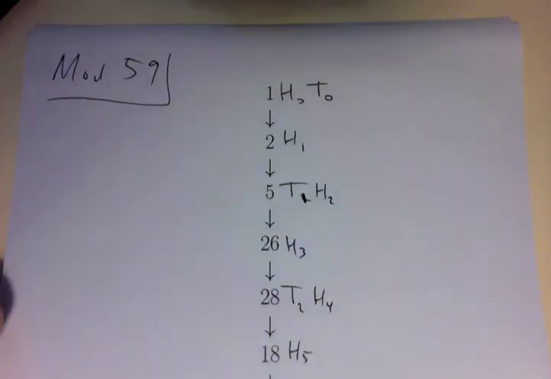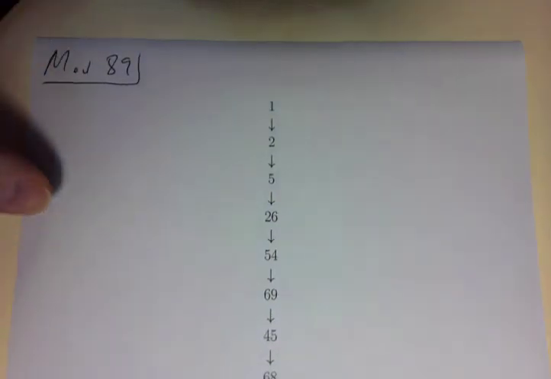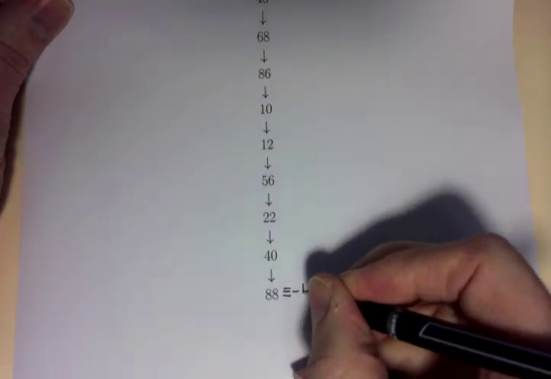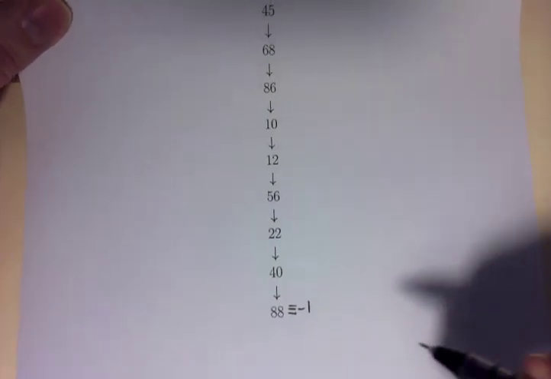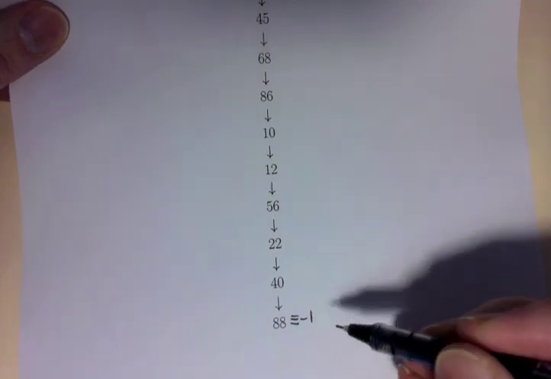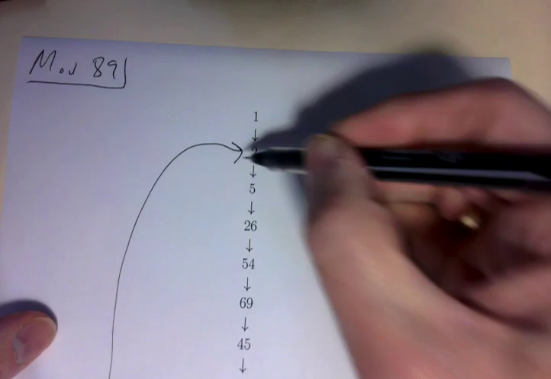Let's compare that now with the factor 89. So here's the race track for 89. 1 goes to 2, 2 goes to 5, 5 goes to 26, 26 goes to 54, all around to 88. Well, you know that 88 is equivalent to -1, so of course squaring -1 and adding 1 takes you back all the way to 2.